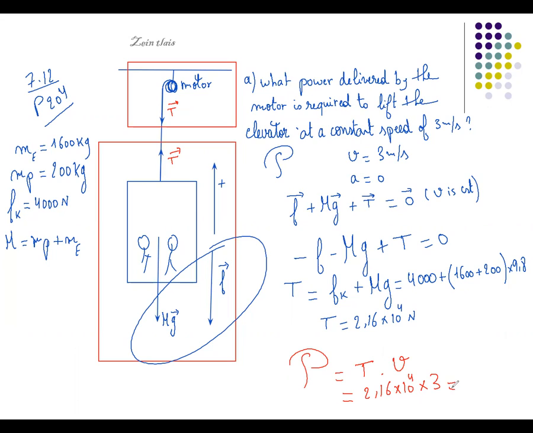We get finally P equals 6.48 times 10 power 4. The unit of the power is watt. This is the answer.